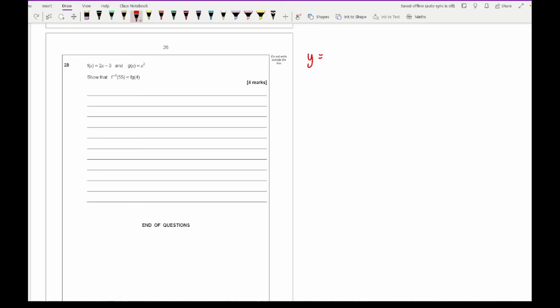So I've got y equals 2x minus 3. And then I want to make x the subject. So I'll get y plus 3 divided by 2 equals x. So the inverse function of x is going to equal x plus 3 divided by 2. So that's my inverse function.